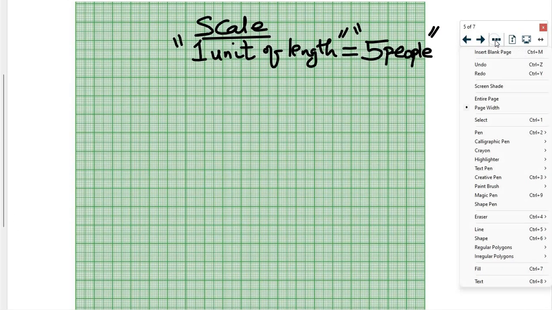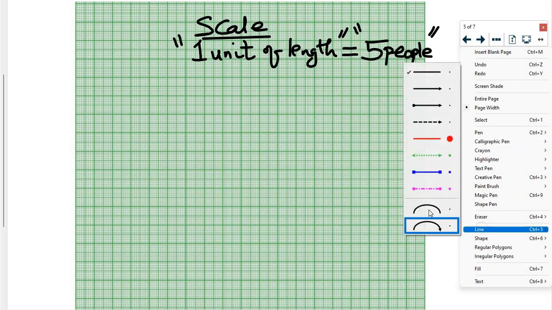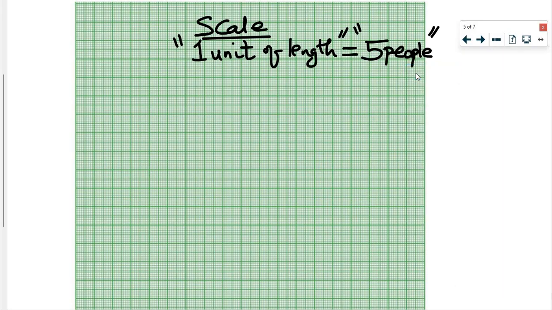So you take a scale, we draw the line vertically, keep going down because we have many numbers from 0 to 80.